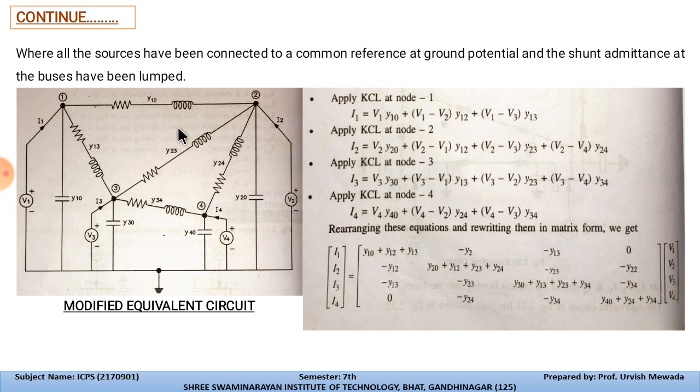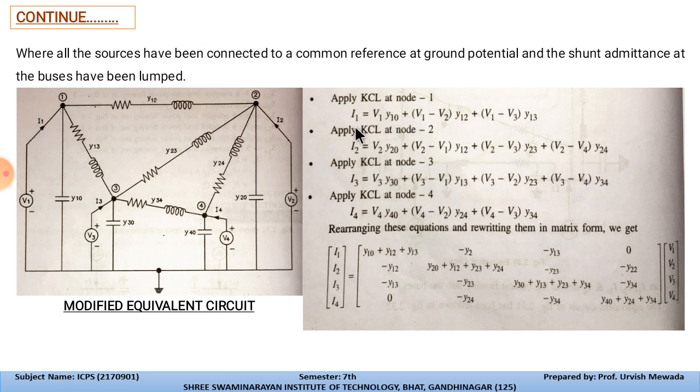Now let us solve this modified equivalent circuit. First of all, we need to apply KCL at the different nodes. So here we are applying the KCL at node number 1. The current at node number 1 is I1.